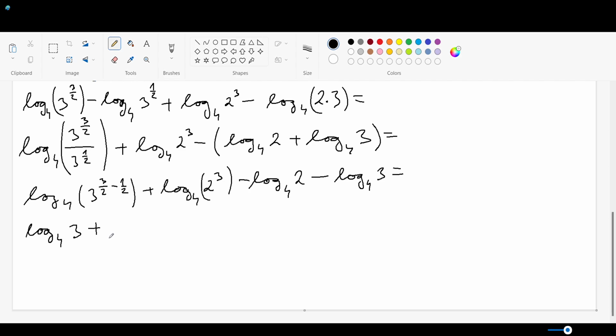plus, and now let me just rearrange this so that I have these logarithms all together, okay. So it is log base 4 of 3 plus logarithm base 4 of 2 to the power of 3 minus logarithm base 4 of 2 minus logarithm base 4 of 3 is equal to.